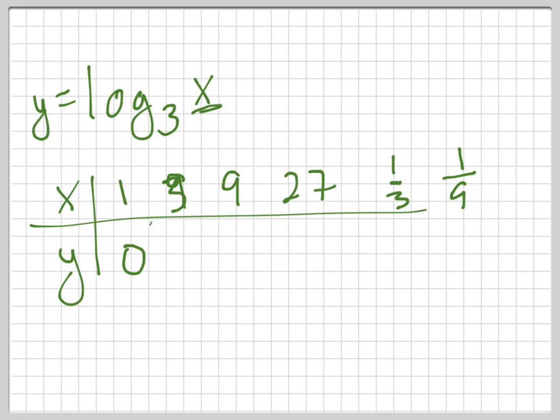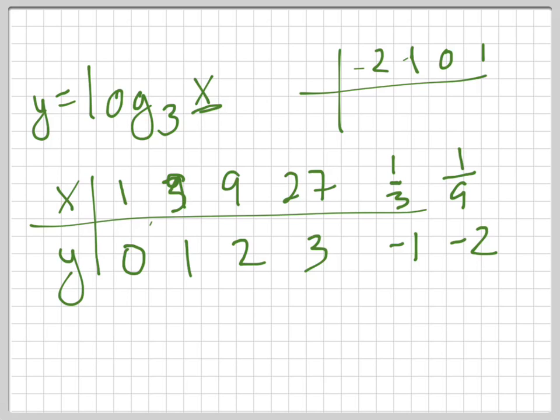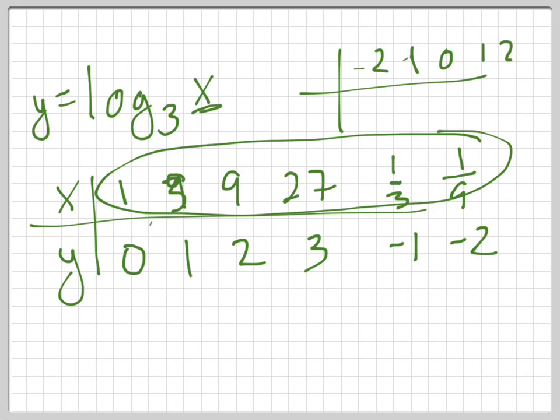The values would be 0, 1, 2, 3, or -1 or -2. So don't make it difficult. Don't pick like you used to do: -2, -1, 0, 1, 2. There's no reason to pick those because those are going to be ugly decimals, and that's not going to help you very much. Pick nice numbers for x, because remember that's the independent variable. You can choose whatever you want, and then find the values for y based upon it, and then graph that.